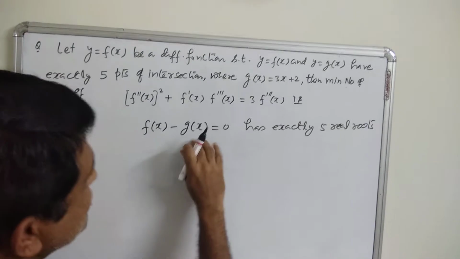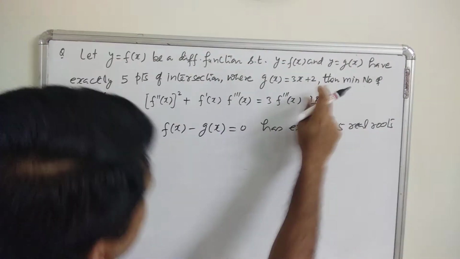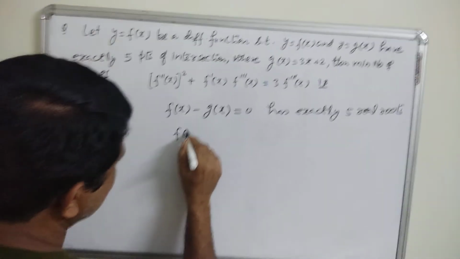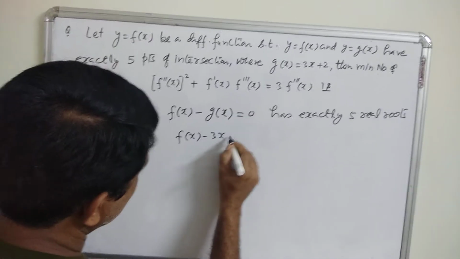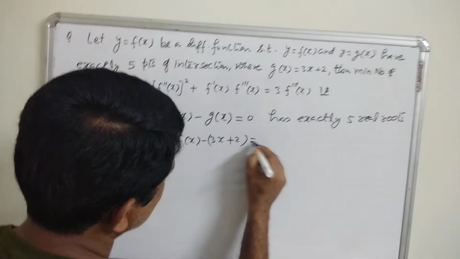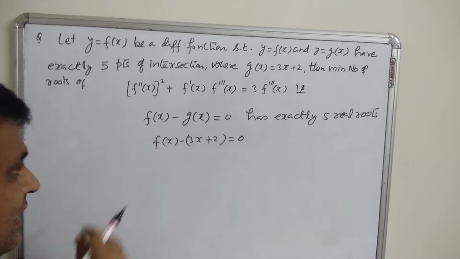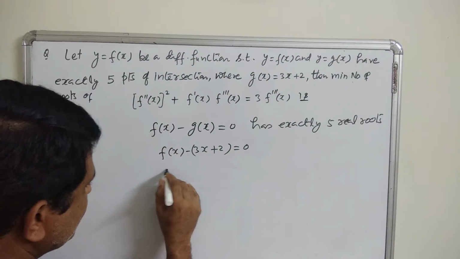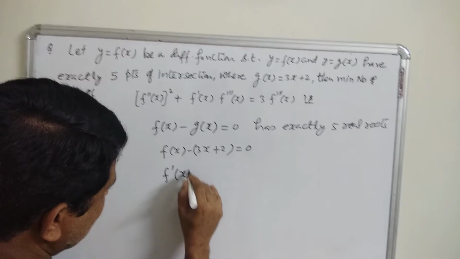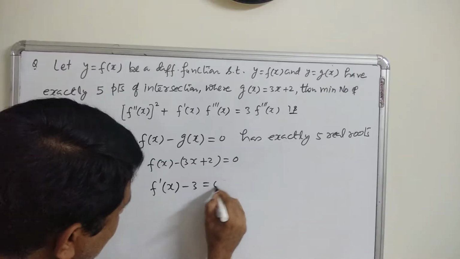Further it is given that g of x is 3x plus 2. So that means f of x minus (3x plus 2) equal to 0 has exactly 5 real roots. Let me differentiate this. The derivative of this equation is f dash x minus 3 equal to 0.